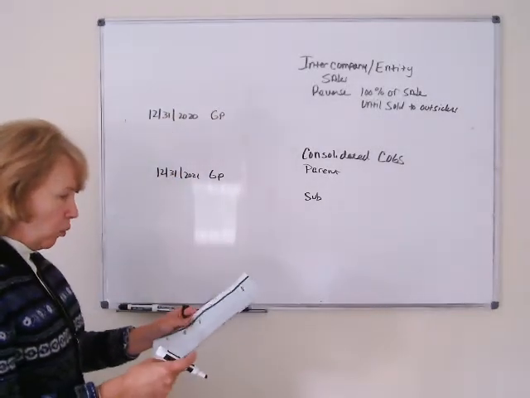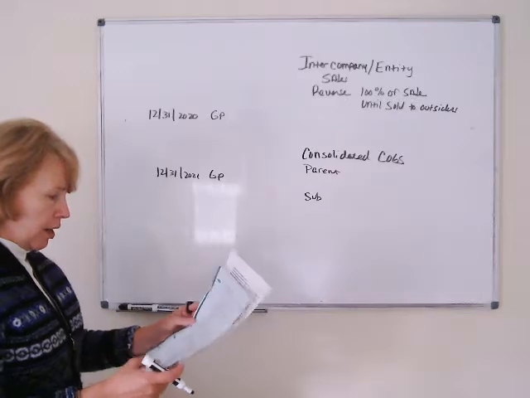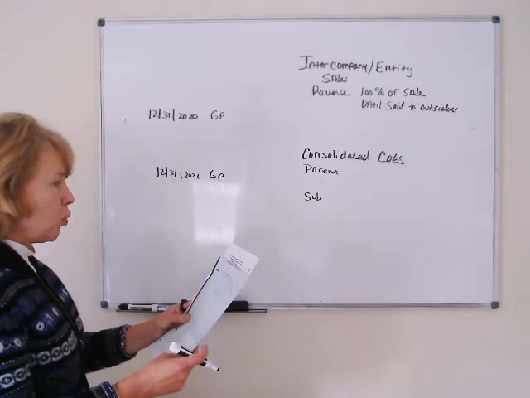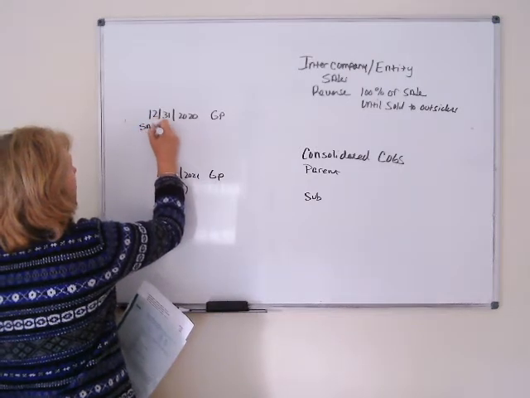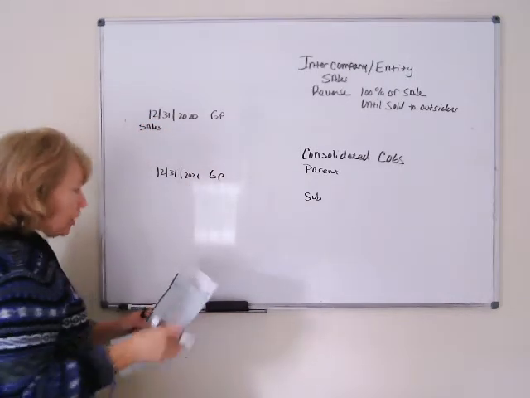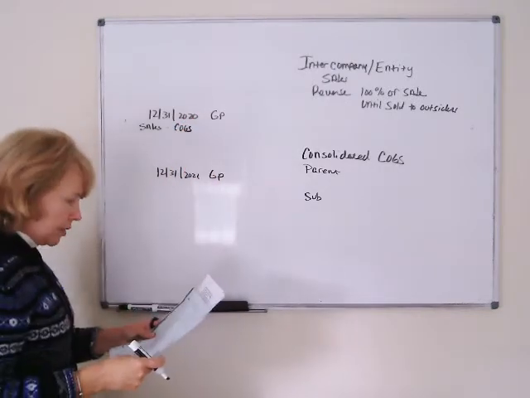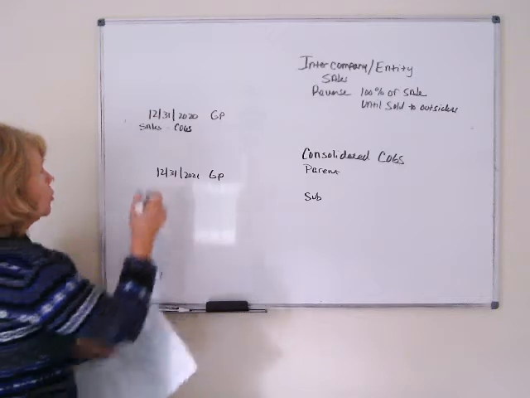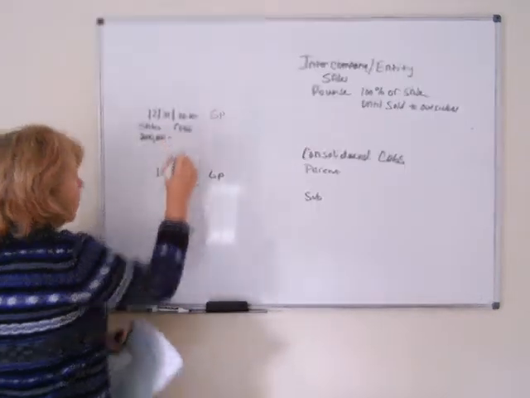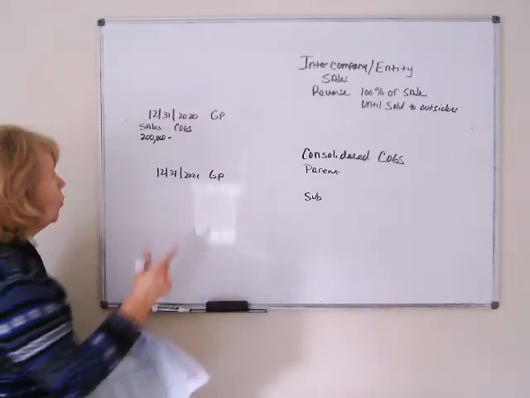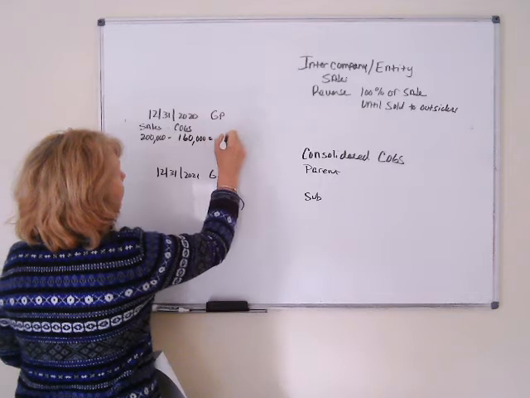First, I'm going to break out the gross profit. In 2020, the sales were $200,000. The COGS were $160,000, and that equals $40,000.